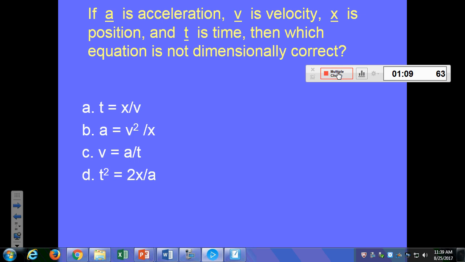Stop at 120. Just guess if you don't know. 125.